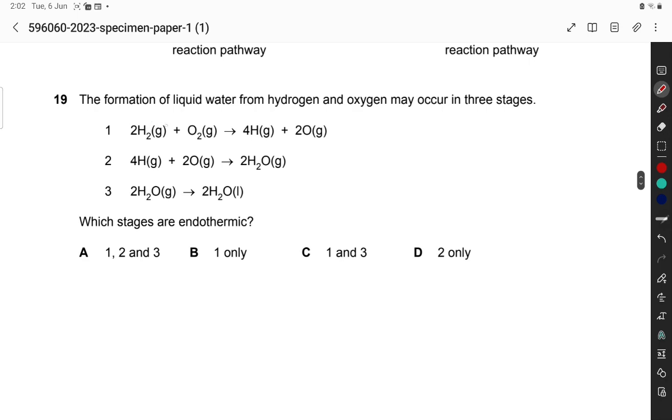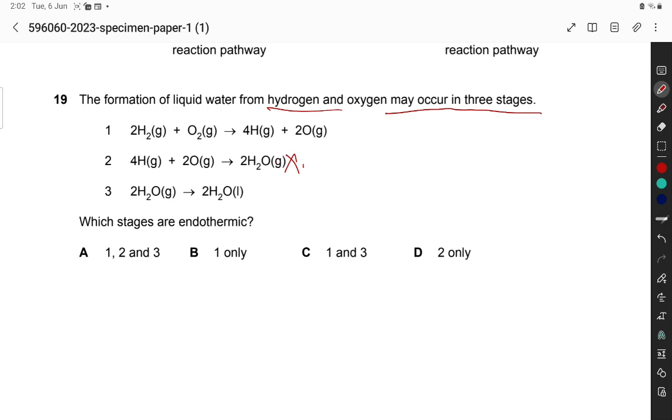Question number 19. The formation of liquid water from hydrogen and oxygen may occur in 3 stages. Which stages are endothermic? Hydrogen and oxygen break down to form hydrogen atoms and oxygen atoms. Hydrogen and oxygen atoms combine to form water. This is not endothermic.